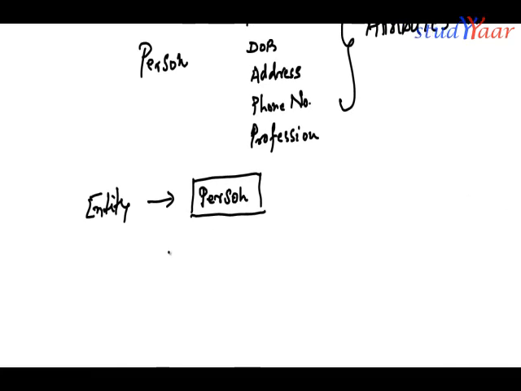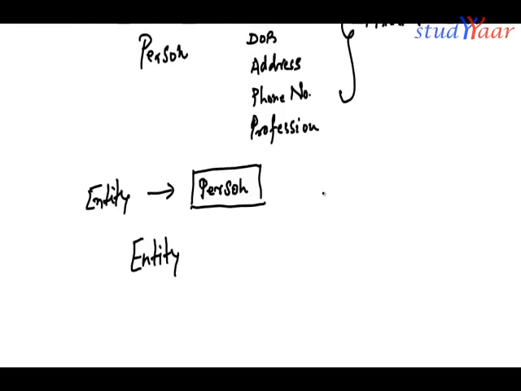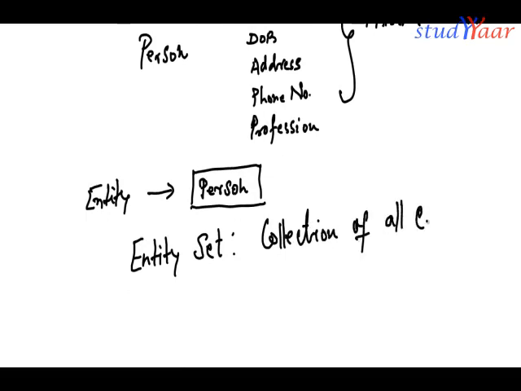Let's introduce a new term here. We talked about what entity type is, right? Yes, we talked about how an entity has an entity type, which is the specification of that entity. Let's talk about entity set. Entity set is the collection of all entities having the same entity type.